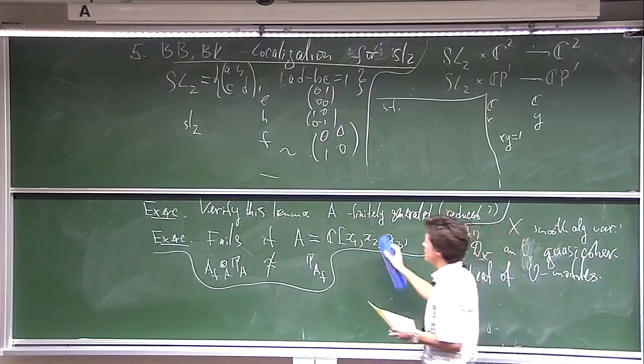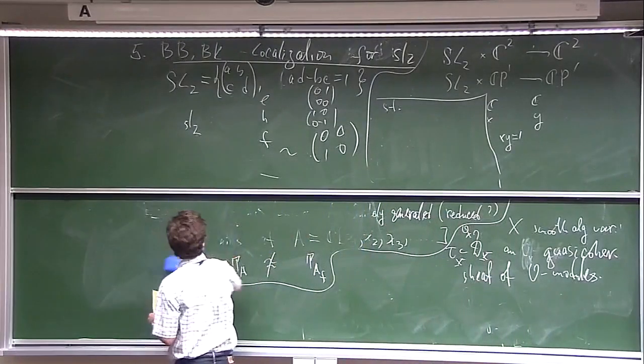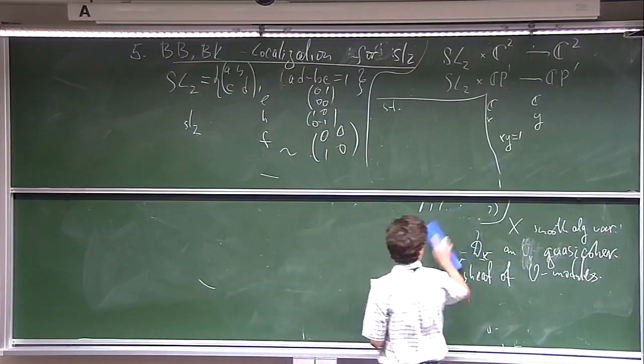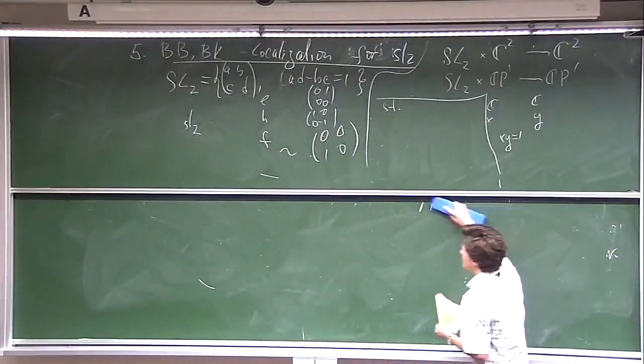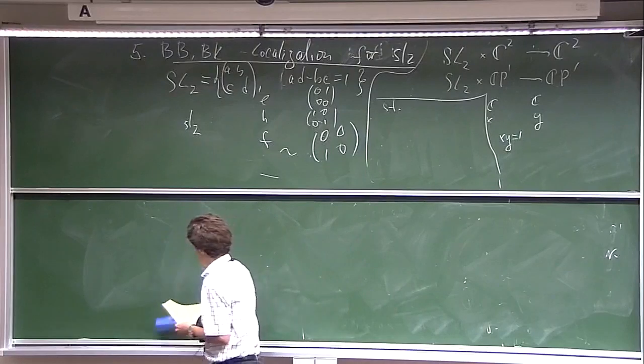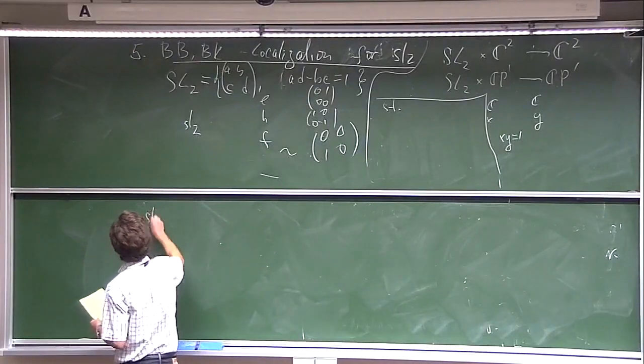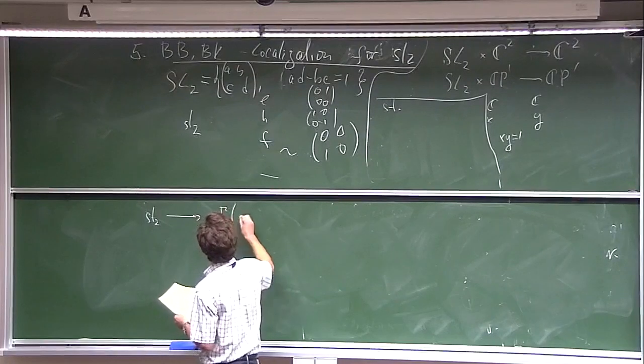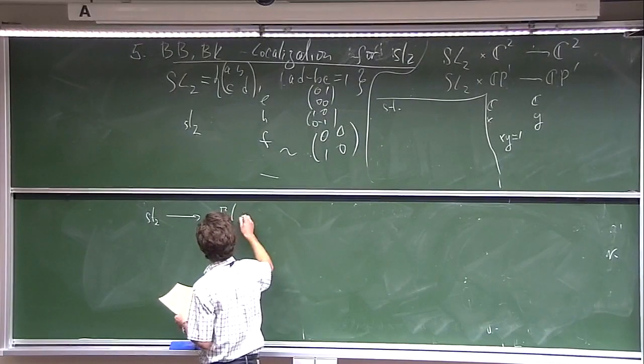SL2 acts there, and therefore the Lie algebra of SL2 maps into global sections of the tangent sheaf.